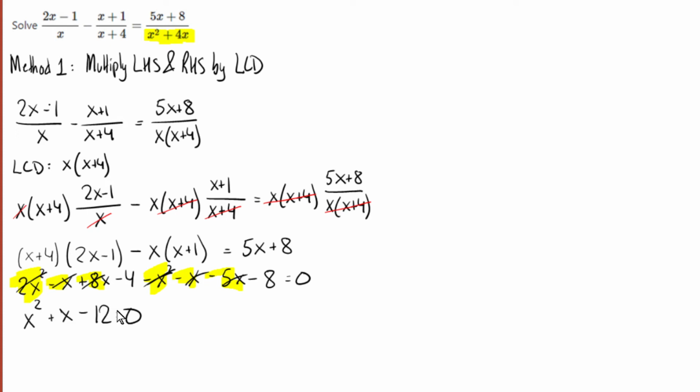This is a trinomial. We can factor this. We're looking for two numbers whose sum is going to be 1, and product is going to be negative 12.